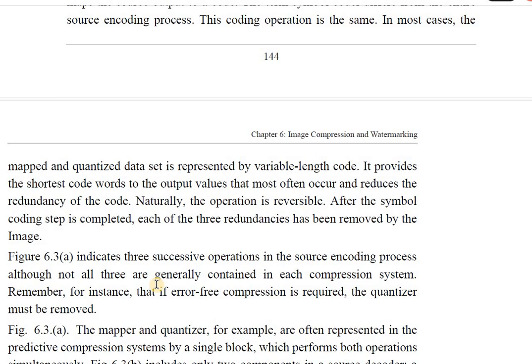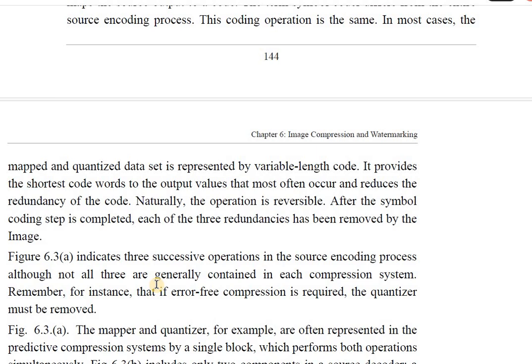Did the space reduce? That is the meaning of variable length code. Depending on the probability of occurrence of a particular pattern or word, the shortest code word is assigned to it. Obviously, since you are assigning code words, this operation is completely reversible.